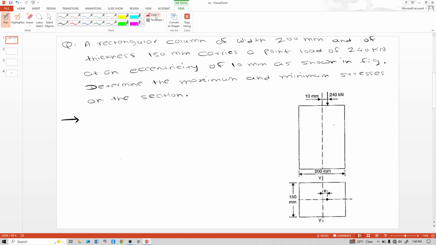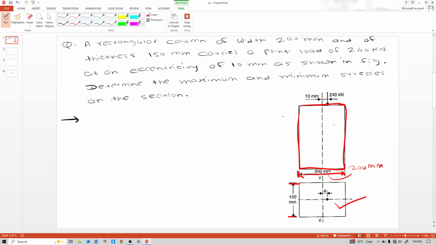So here, first see the given quantities. This is the elevation of this column. They told us that this is the width, 200 mm, of that column, and this is the thickness.